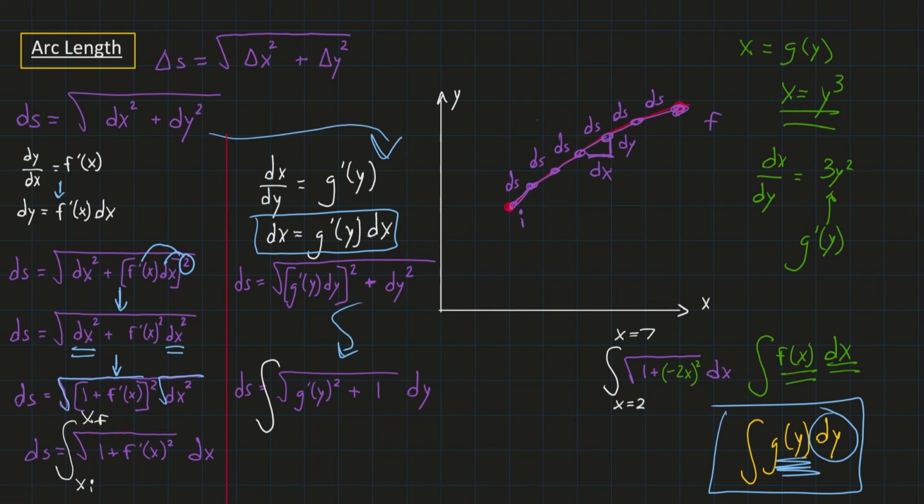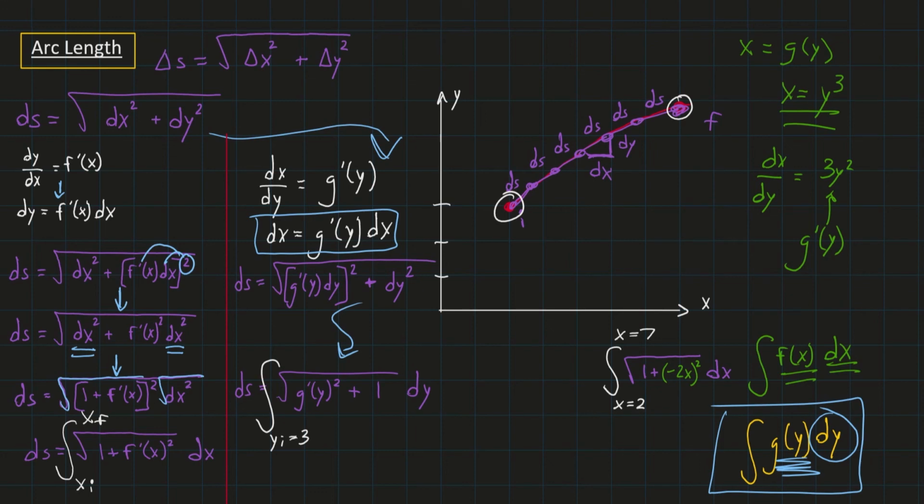So applying it to our concrete example, let's do our bounds. Here's my point where the first little ds will be. Okay, what's the y coordinate of that point? 1, 2, 3. So y initial will be 3. That's our starting bounds. Our ending bounds will be here. What's that y coordinate?